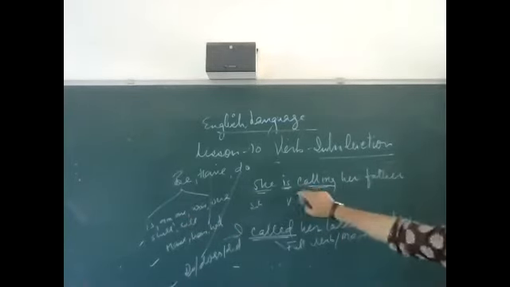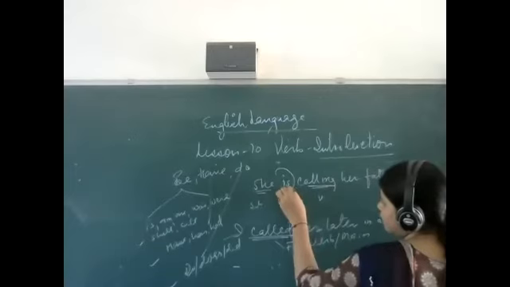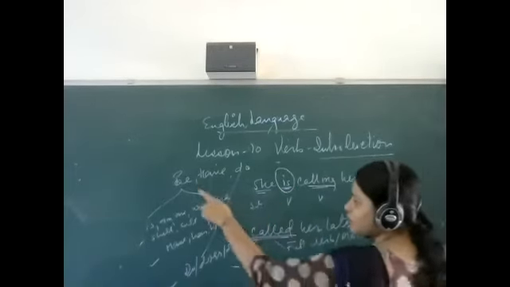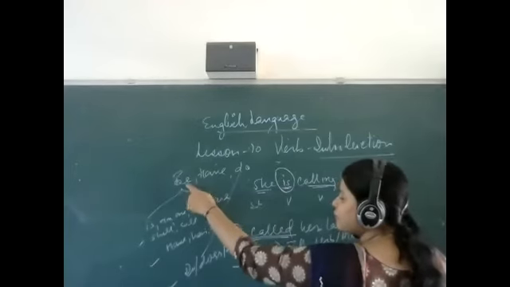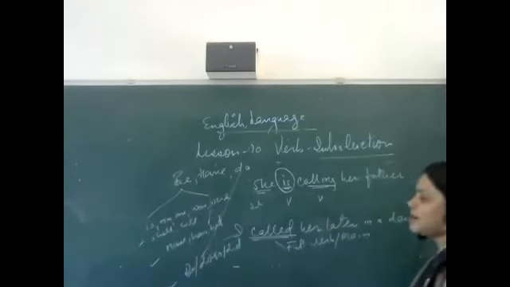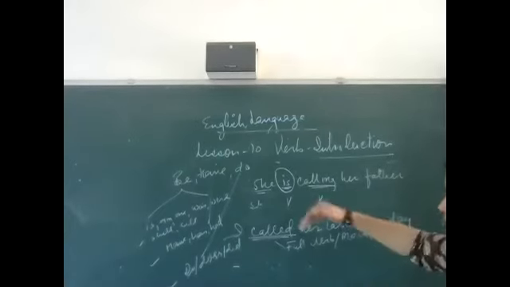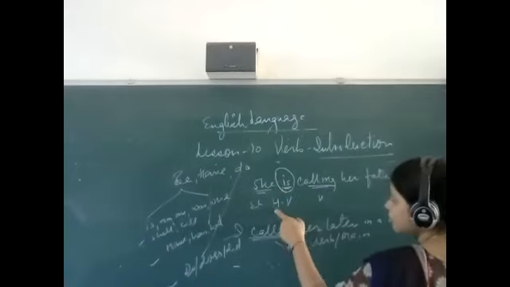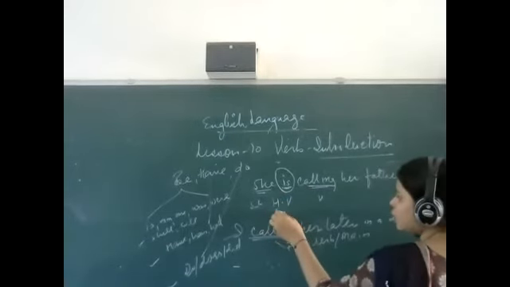Is is given. I told you, whenever in a sentence you find any be verb, meaning is, am, are, was, were, shall, and will, that is an auxiliary verb, so it is a helping verb. What type of verb? Helping verb or auxiliary verb.